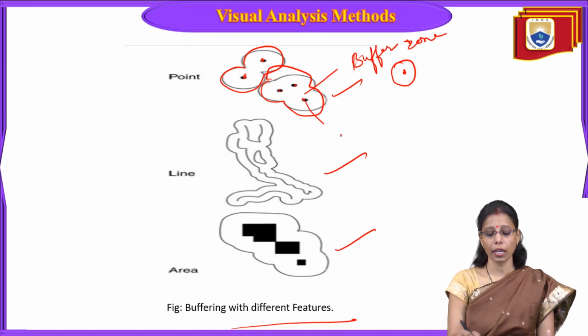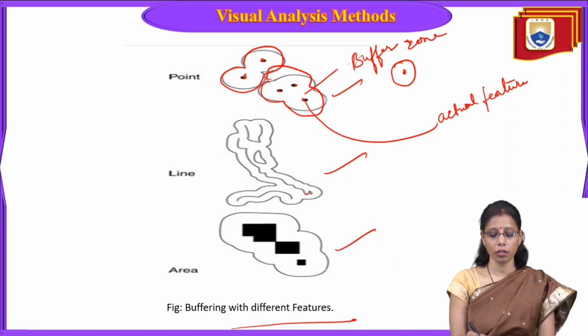This is your actual feature, and this is the buffer zone around the feature. Same thing, if you have a line, you can talk about kilometers. So all this zone is a buffer zone; you can see the spaces around it, this is the buffer zone.